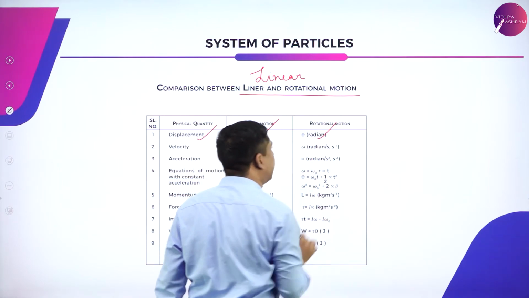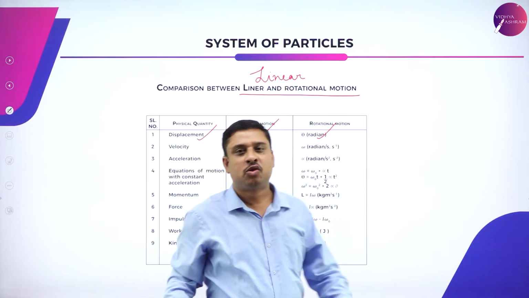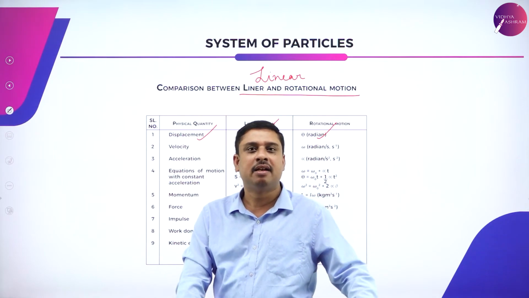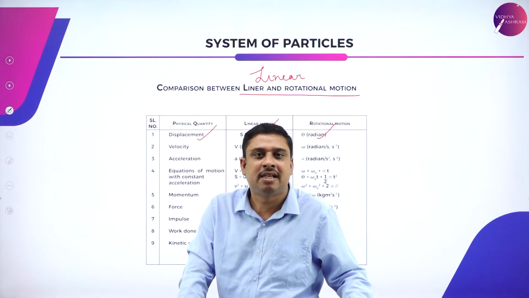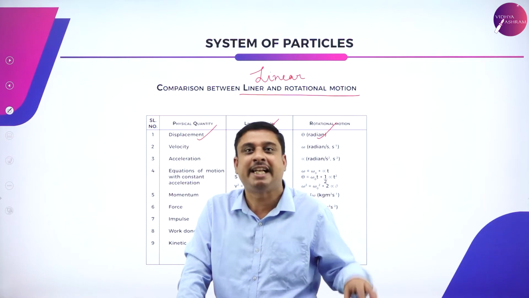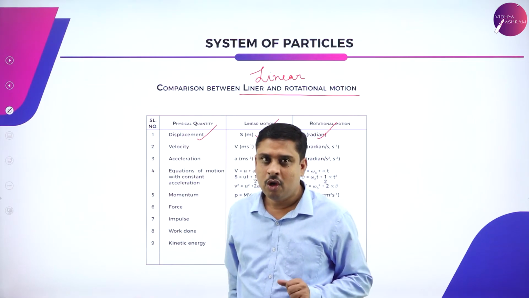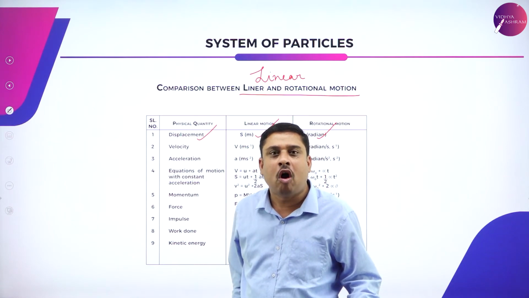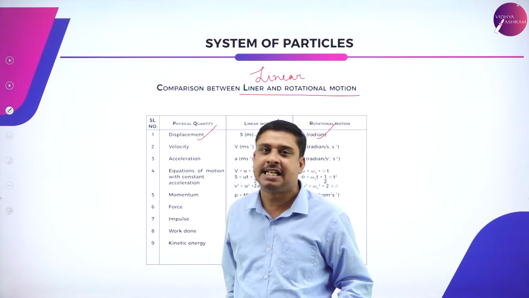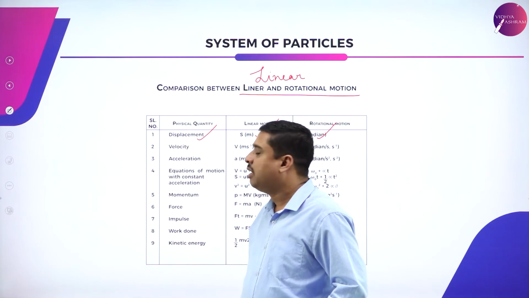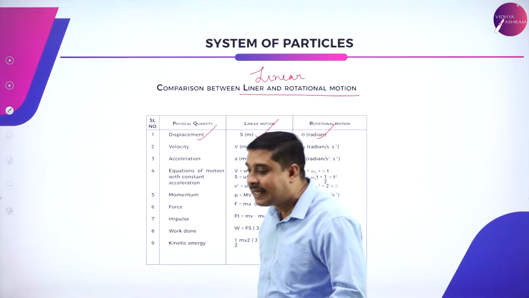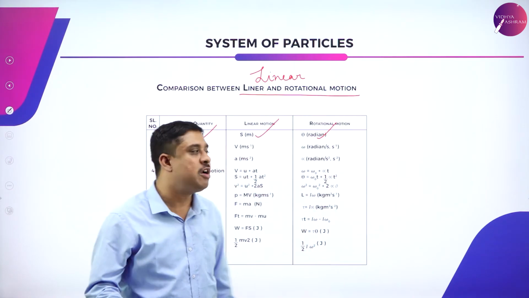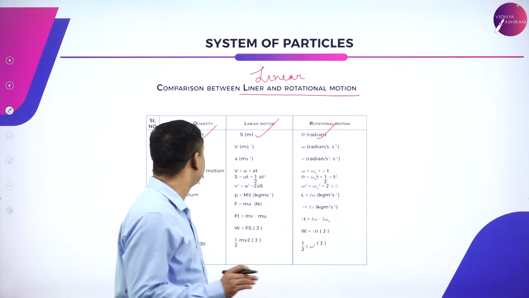Units, radian. So in linear motion, displacement has a unit meter. Rotational motion, it is called angular displacement, theta, with unit radians.